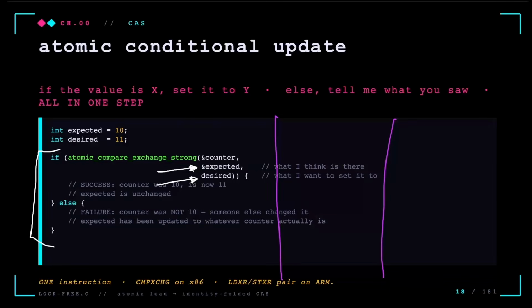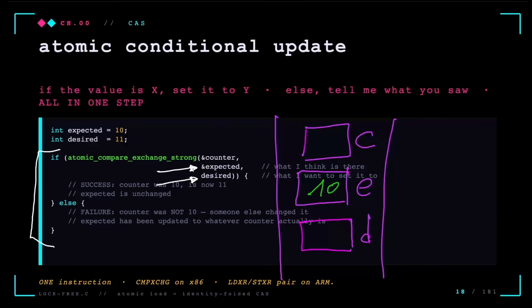Case number one, we are going to have some slots here. This is our counter, this is our expected value, and this is our desired value. So we expect 10 and we desire 11. Let's be optimistic at first, and let's suppose we have an initial value of 10.